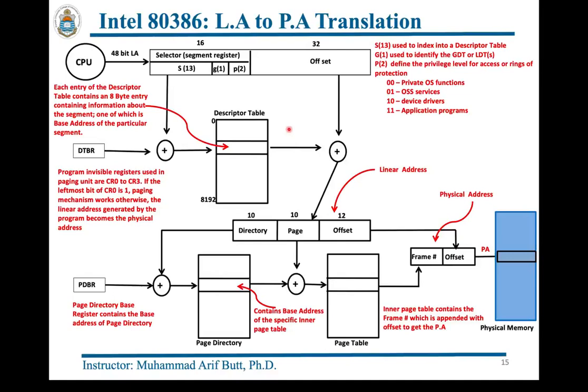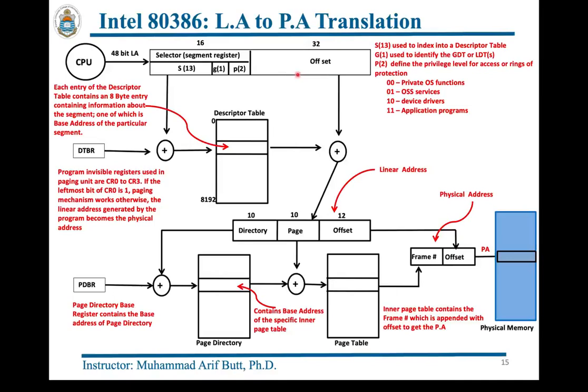Then in 8086 we had a 20-bit address and used a segmented memory model in which we convert two address values into its corresponding physical address value. And over here in 8386 we of course had a 32-bit address, and we also use a segmented memory model.